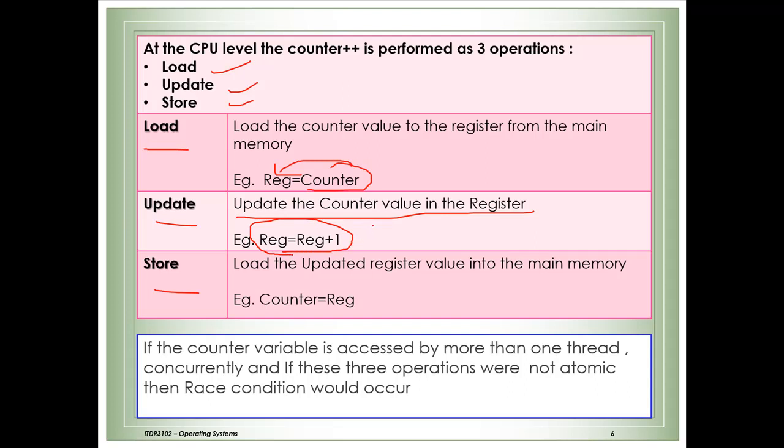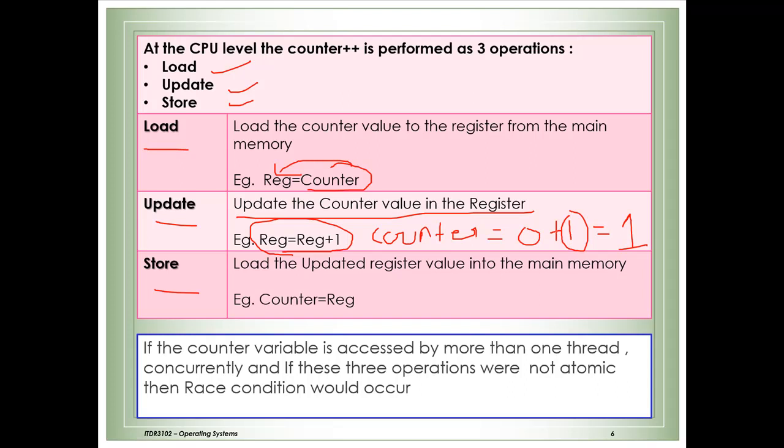Now the value of the counter at the register level is 1. Initially the value was 0 and we increment the counter value by 1. Now the updated value is 1.